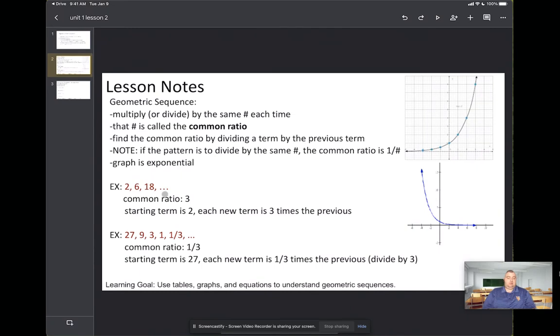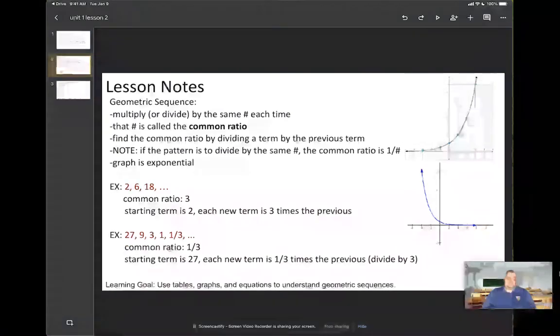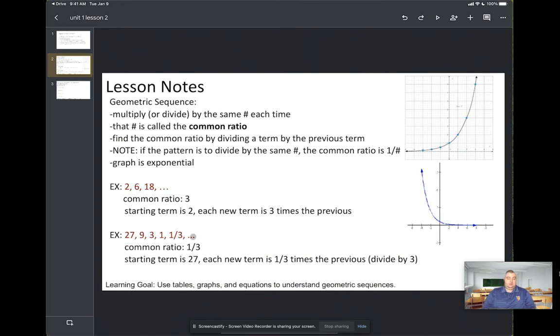If I were to graph this first sequence, it would look very similar to this first graph up top. If I were to graph this second sequence, the one where we're dividing, where we're decreasing, multiplying by 1/3, it would look very similar to this second graph right here. So that's a geometric sequence.